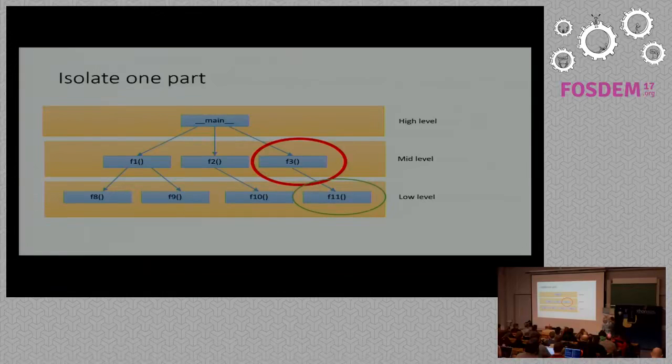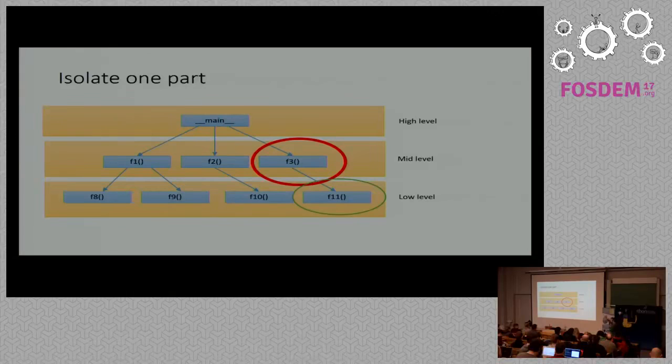It also means that, let's say, we want to reuse the function f3. We want to pull it out of this application in order to use it in a different application. We are unable to do that without pulling f11, the green one, along, because f3 depends on f11 in this case.